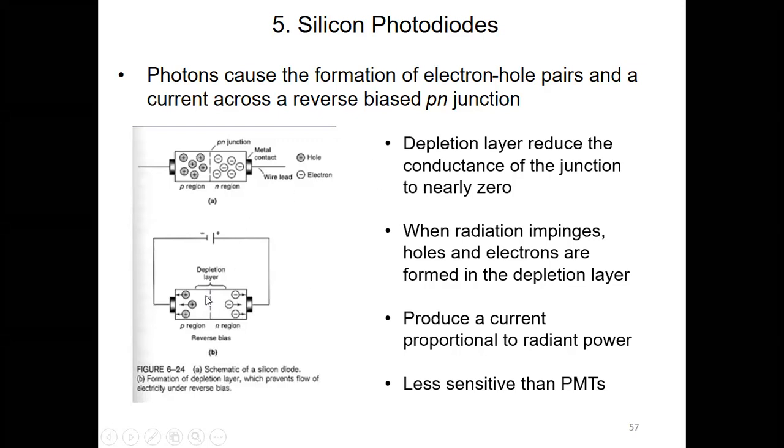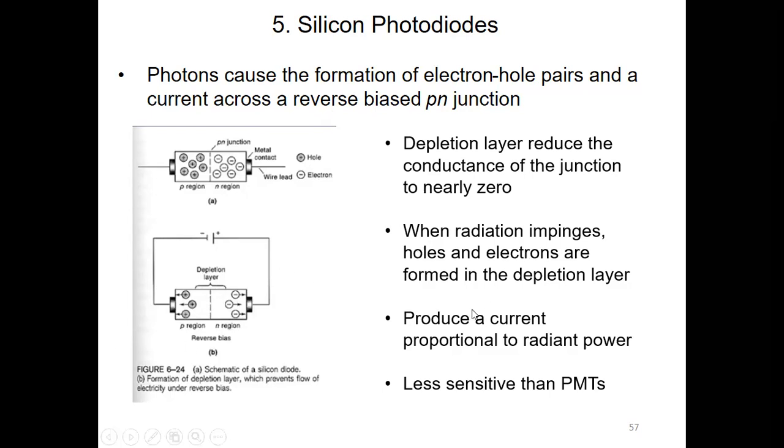Okay, so I think now the first point is clear. The photons cause the formation of electron hole pairs and a current across a reverse bias p-n junction. So the incoming photons are the main source, they cause the formation of electron hole pairs in the depletion region, and it will create a current across the reverse bias p-n junction.